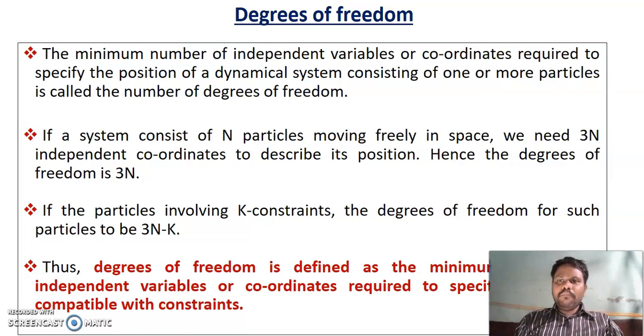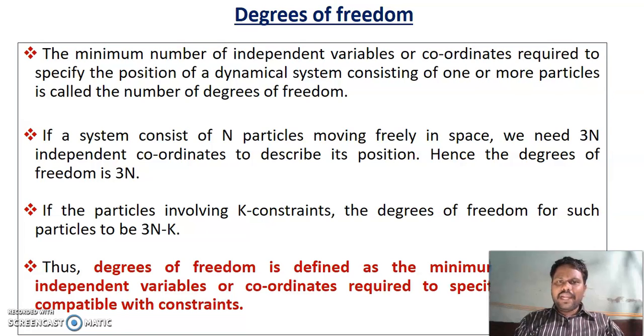The minimum number of independent variables or coordinates required to specify the position of a dynamical system consisting of one or more particles is called the number of degrees of freedom. For a particle moving in free space, we need 3 degrees of freedom.